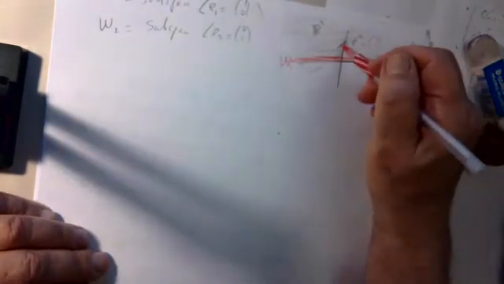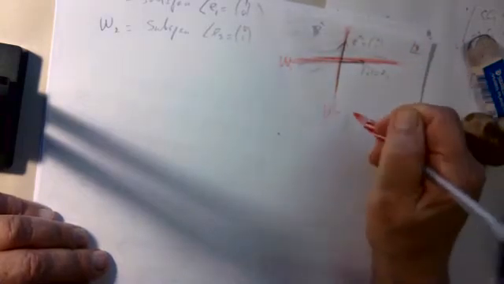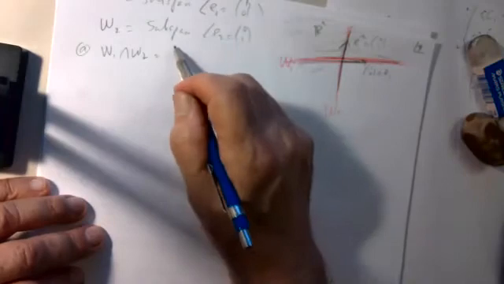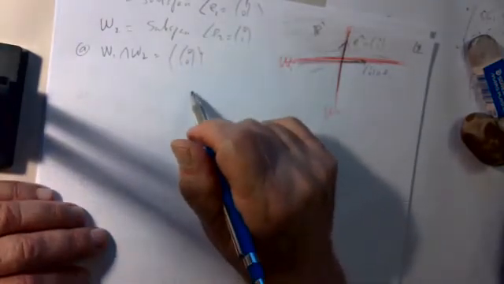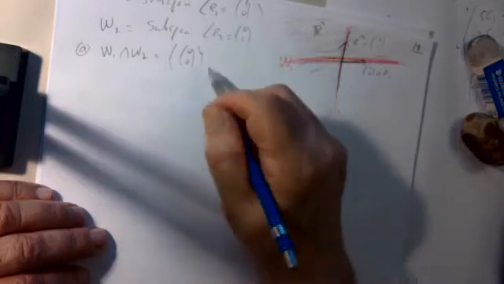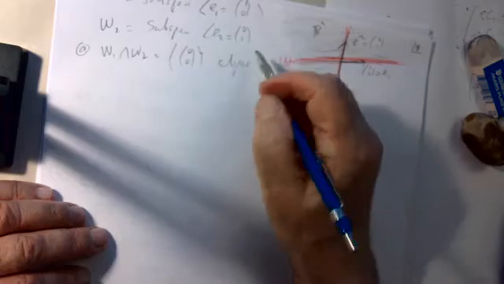All multiples of 1, 0. W2 is the y-axis. So what does W1 intersect W2? Well, the x and the y axes just intersect at the origin, 0, 0, which is a subspace. The subspace consisting of just the 0 vector.